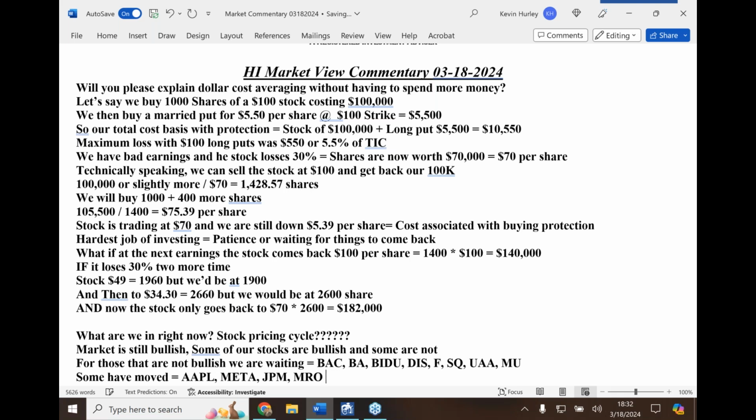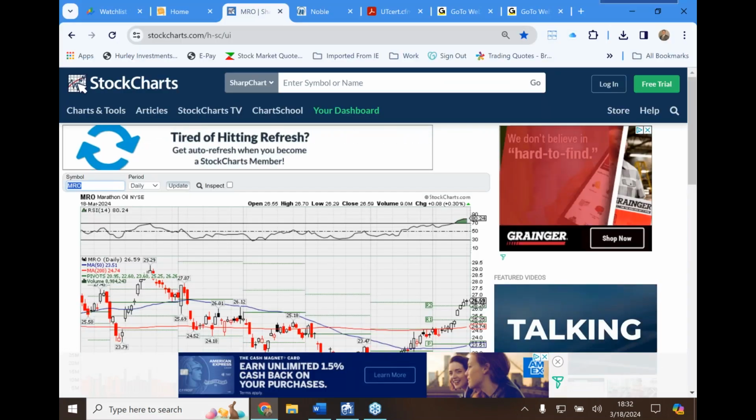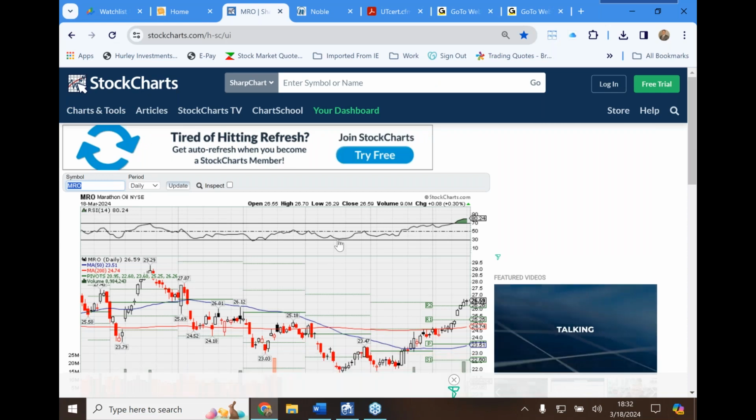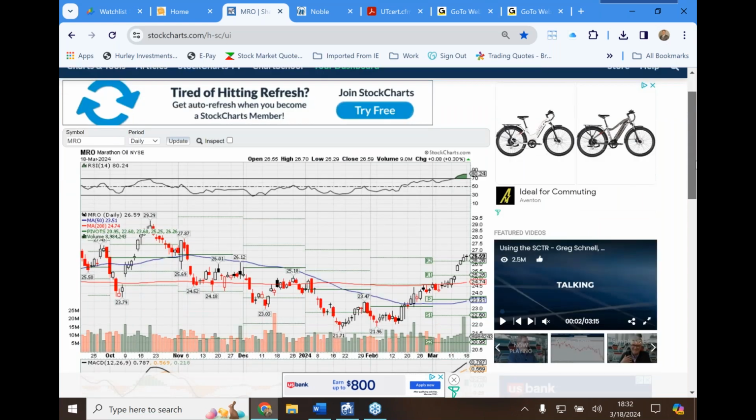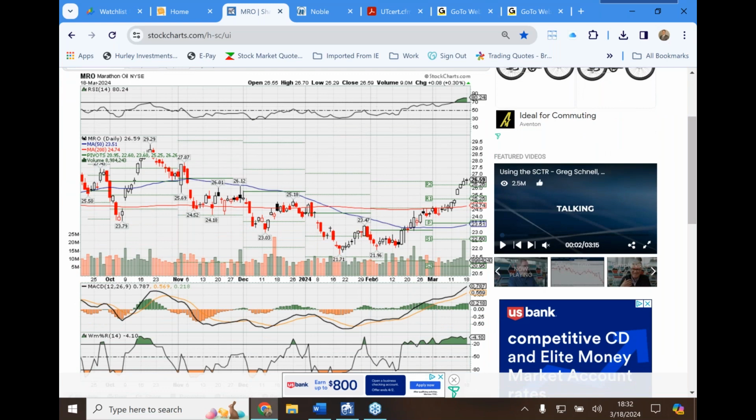We just got an MRO between $21.50 and $22. MRO right now, unbelievable stock. MRO today closed at $26.59. I did see it up at $26.50.